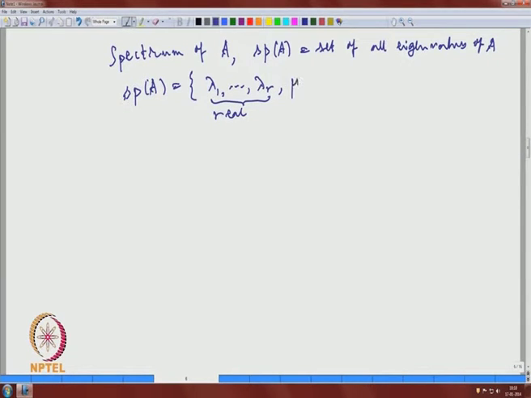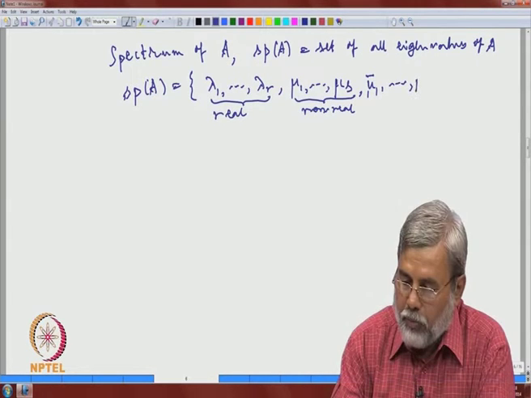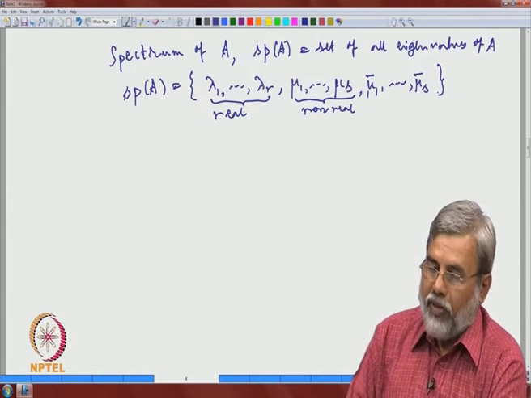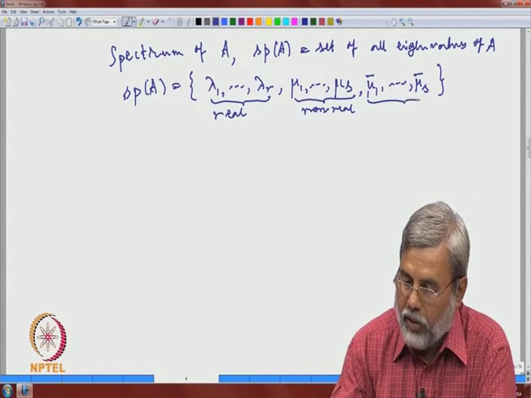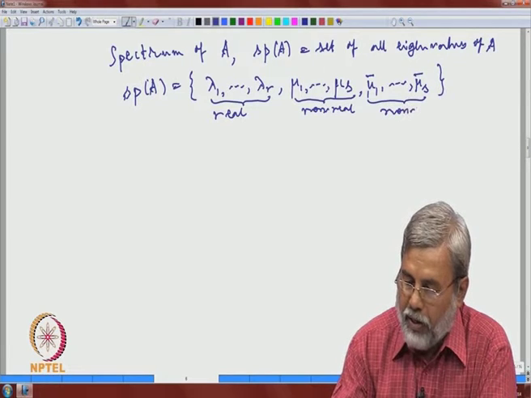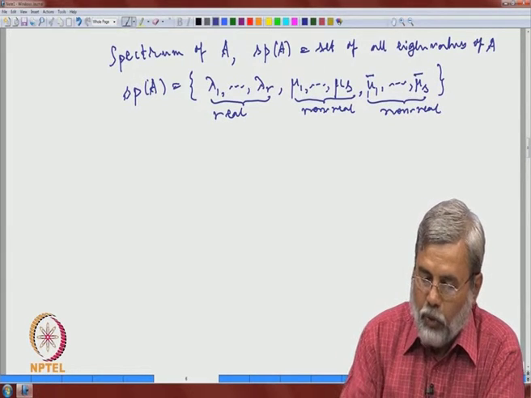And then we have mu 1 to mu s. These are non-real, and since the characteristic polynomial has real coefficients, we also have mu 1 bar to mu s bar as eigenvalues of A. So, these always occur in pairs.